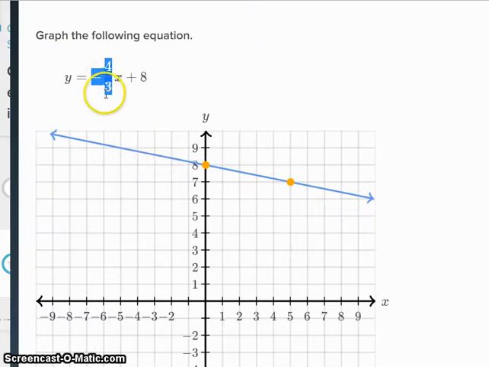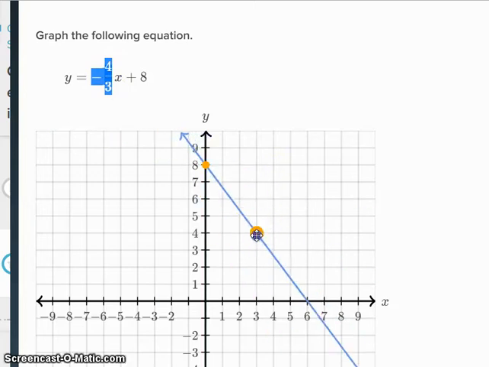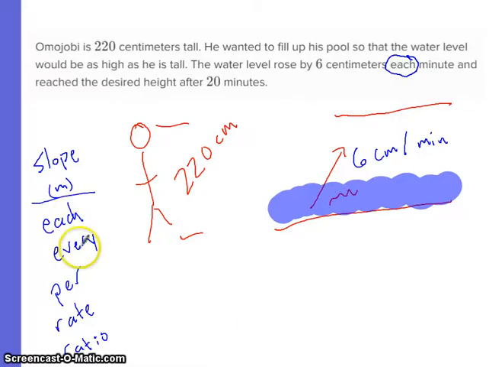So in a word problem, the way to tell what goes in this spot, the thing that tells me that I go down 4 and sideways 3, the slope, the key words to look for are each, every, or per, rate, ratio, speed. So the thing that tells you how fast the line goes down.